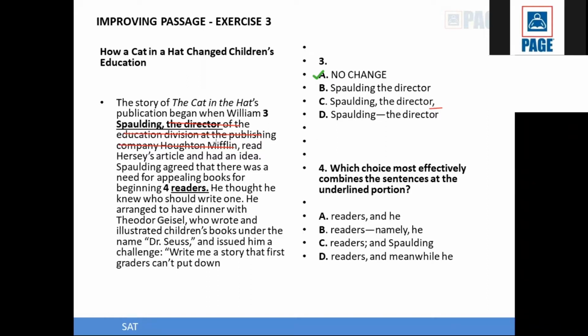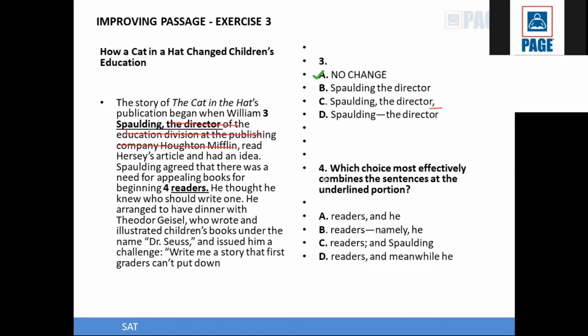Moreover, it doesn't match. Using a preposition after director doesn't make any sense. So we are describing the person. Who is that person? We do not know. So they want to express it, so you use a comma. So the answer is no change. Okay, so next, hope you understood. It is not C because there is a comma.